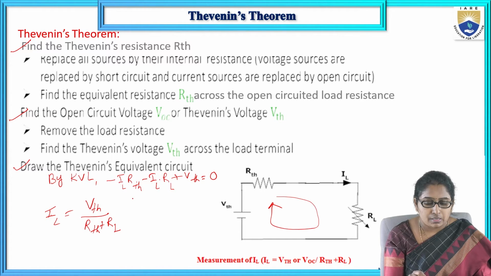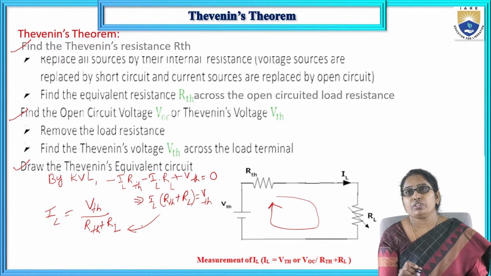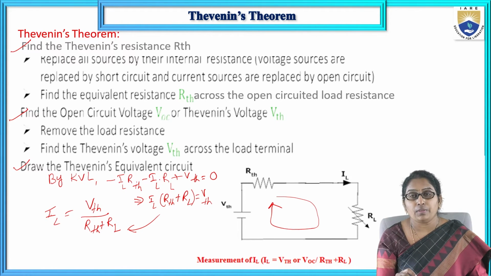So from this, taking IL common, IL into RTH plus RL is equal to VTH. So the expression for IL is given by VTH by RTH plus RL.